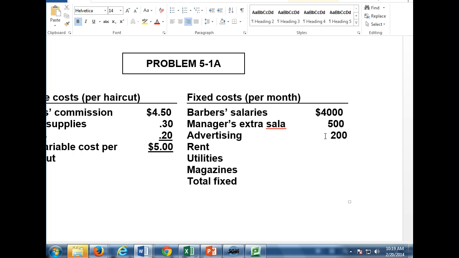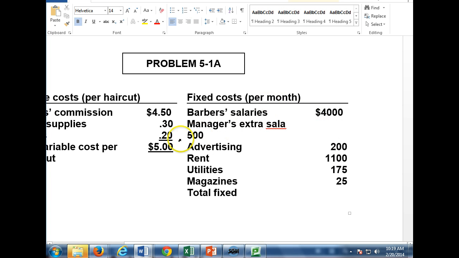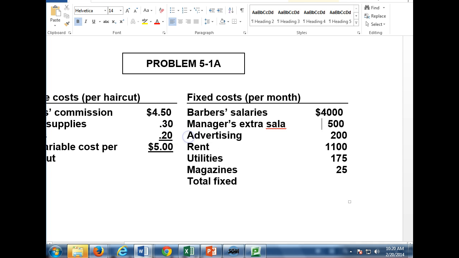Our rent, 1,100. Our utilities, because that's the fixed cost portion of the utilities. And then our magazines. So what are our total costs here? $6,000. So our total costs here are $6,000.